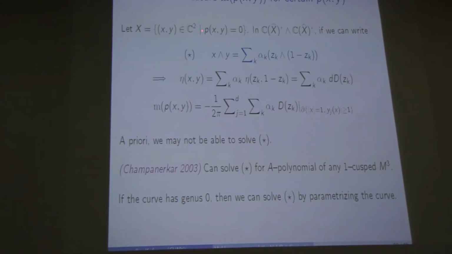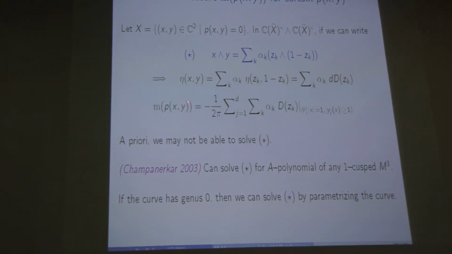Okay, so take the zero locus of the polynomial, and now if we can write x wedge y as a sum of z wedge 1 minus z's, then eta of x,y can be written as a sum of these eta of z, 1 minus z's, which is the derivative of the Bloch-Wigner dilogarithm at those z's.